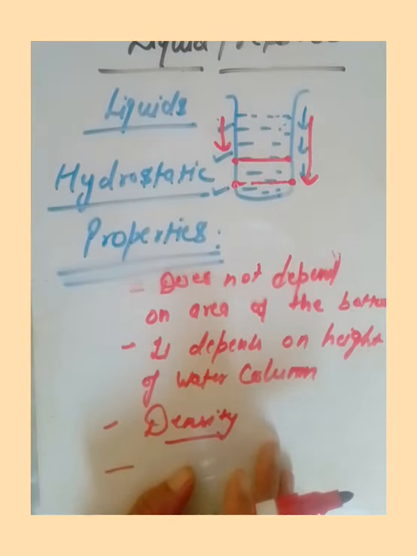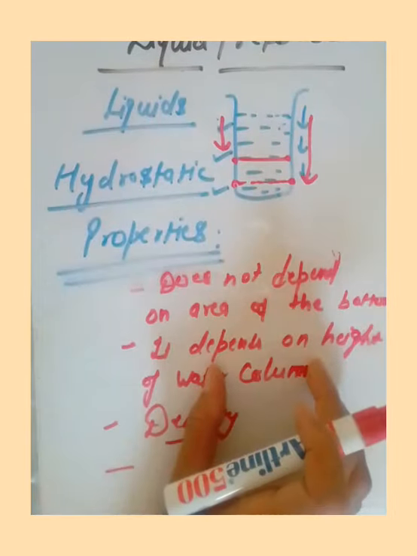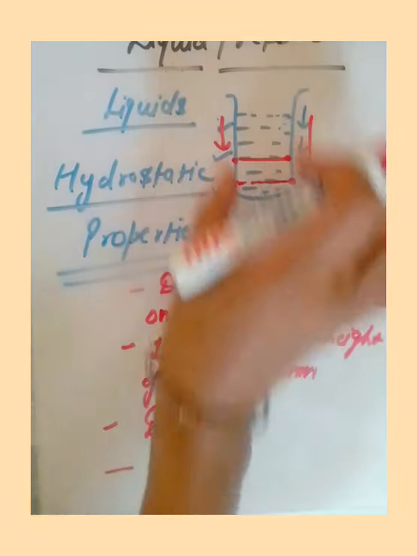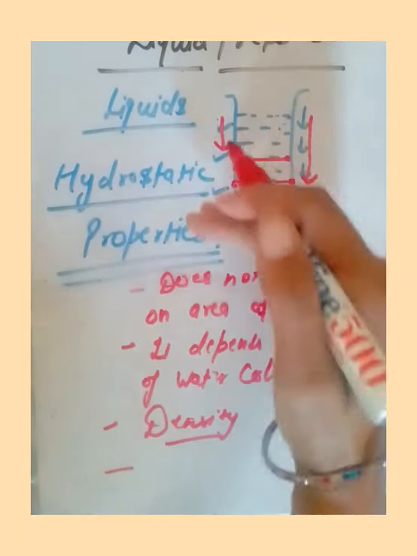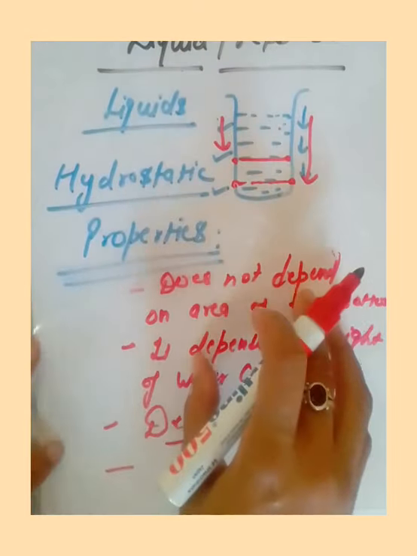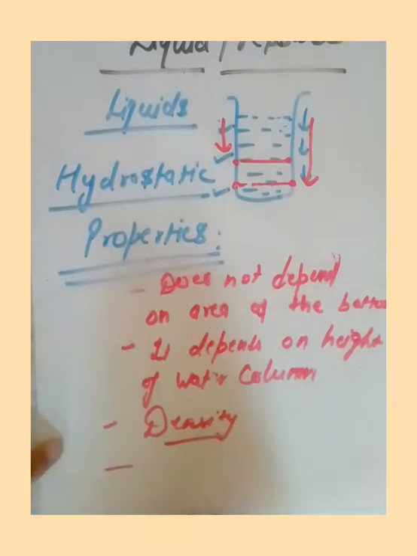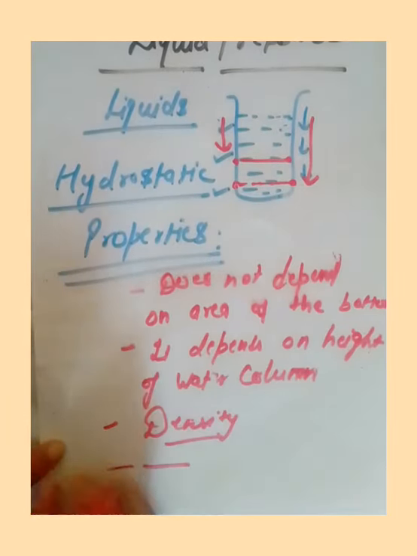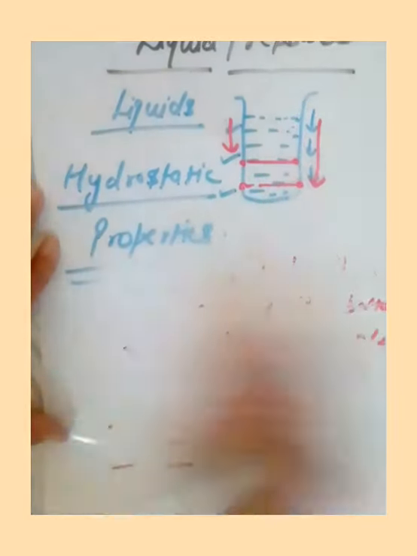And next, when pressure is applied in a closed container, it is distributed, or we can say transmitted, uniformly throughout the liquid. So these are some properties of liquid pressure. Now let us study the activities related to these properties, for more and more consolidation.